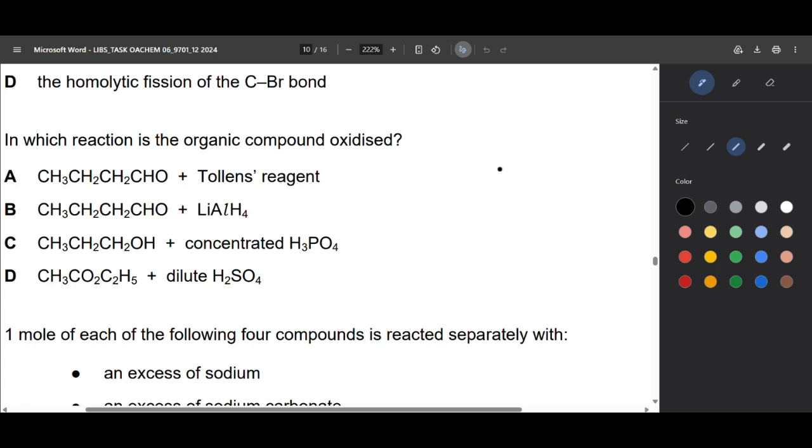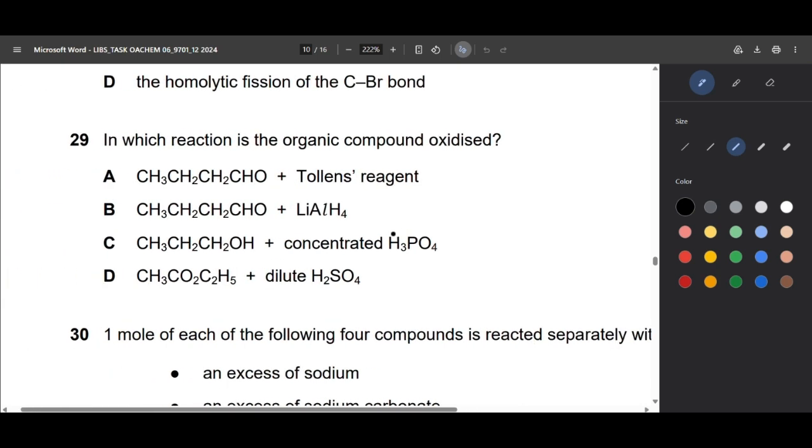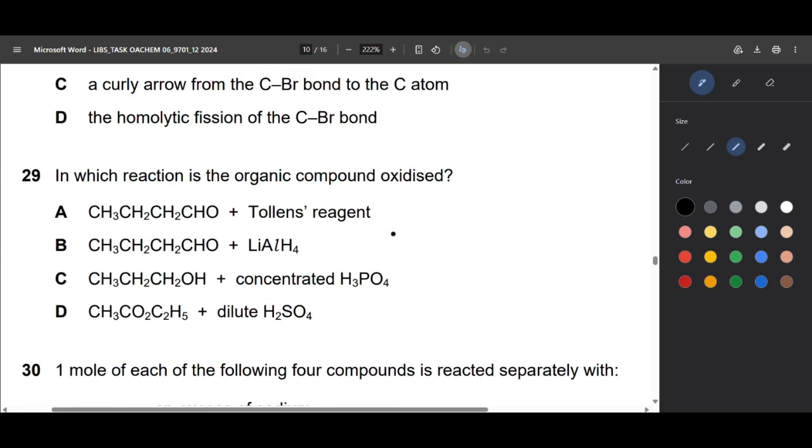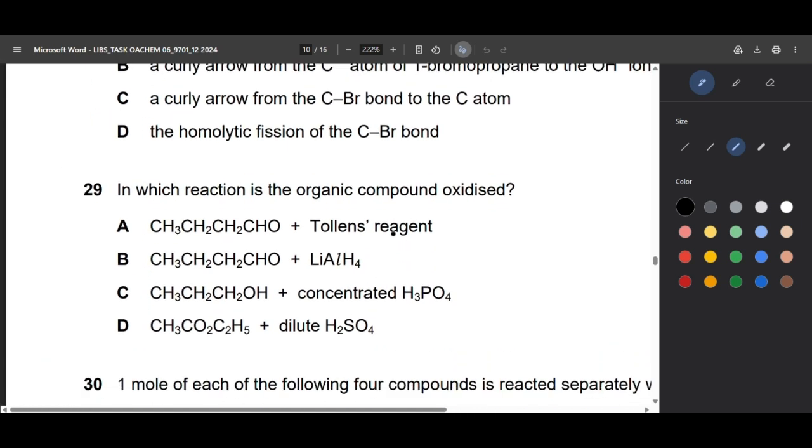Now, if you have encountered Tollens reagent, its function is to oxidize aldehydes until they produce a beautiful silver mirror in the test tube. So the answer is CH3CH2CH2CHO plus Tollens reagent.